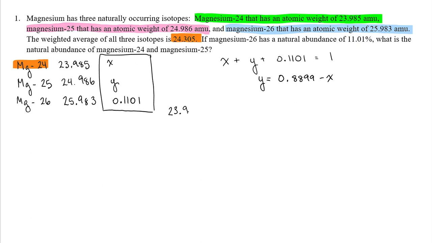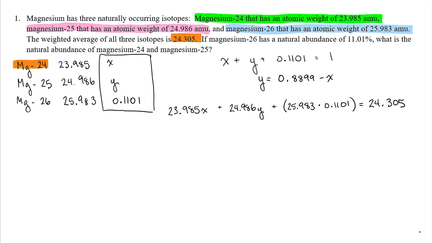So we take the 23.985, which is the weight of the magnesium 24, times its natural abundance as a decimal, X, plus 24.986 times its natural abundance as a decimal, which is Y, plus 25.983 times its natural abundance as a decimal. You can't forget it. It's still important. And those added together give you our overall weighted average, 24.305. So those are our 2 equations with 2 unknowns. This is half the battle.